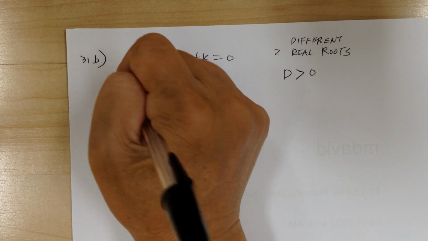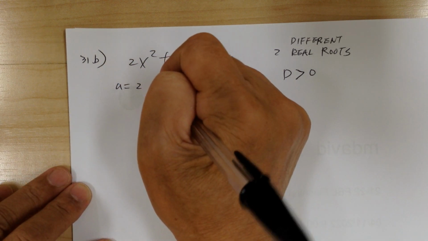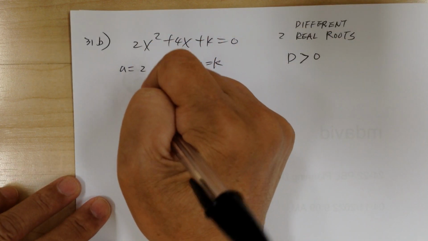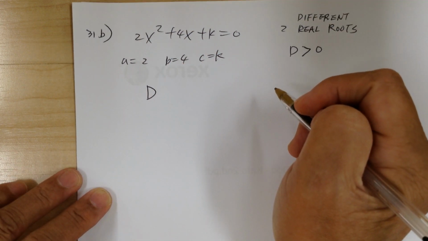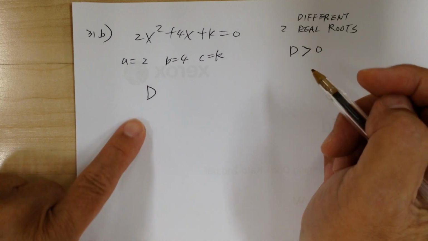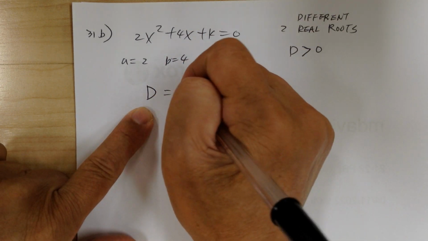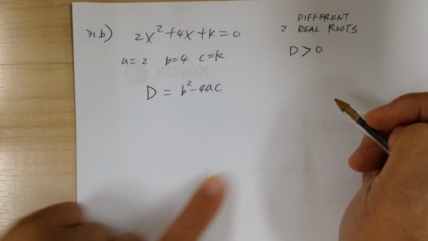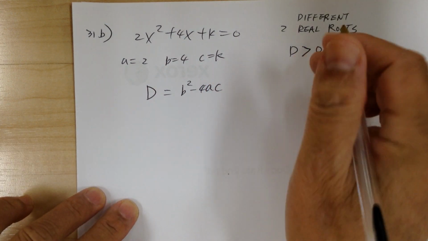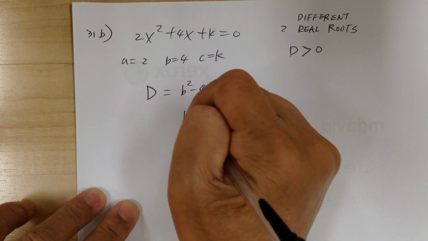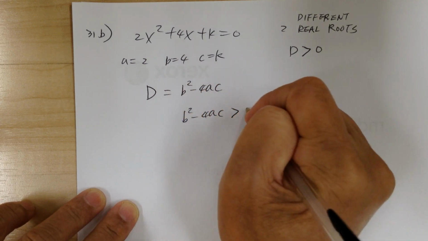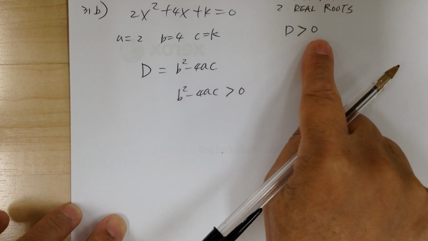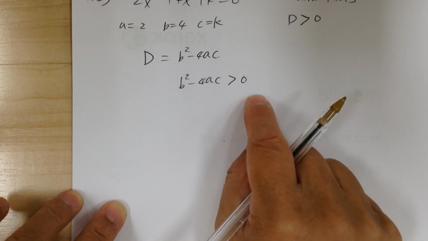So again, you got a equal to 2, b equal to 4, c equal to k. And again, write down your formula for d. So d is equal to b squared minus 4ac. Okay, and you have to be greater than 0, right? So that means b squared minus 4ac have to be greater than 0. Okay, because this is equal to d. Right? It tells you that, right? d have to be greater than 0. So this is the d, so it have to be greater than 0.